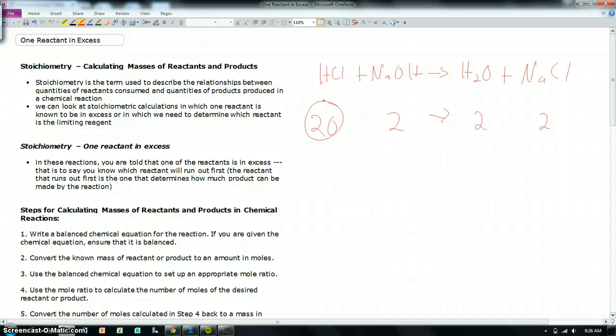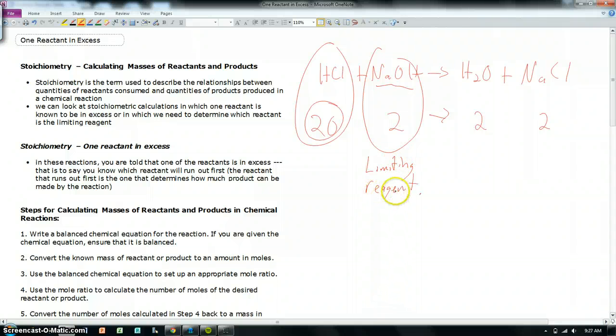And that's fine, right? We don't have to use all these. We can't use them. We don't have anything else over here to use them against. So we call this a limiting reagent. And in our next lesson, we're going to talk about how we figure out which of our reactants limits how many products we can have.